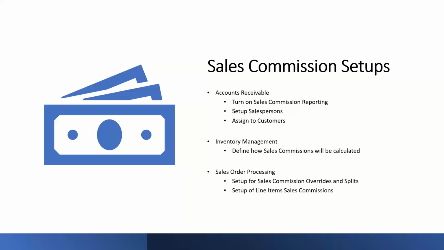And as well, if you're not using the inventory and sales order module, you're also going to want to set up how you're going to handle commissions on your miscellaneous charges or miscellaneous items that you transact on through the accounts receivable module. Otherwise, with inventory and sales order integrated, then there's some additional setups, obviously, that we're going to want to set: how we pay commissions on our items, how they're calculated, and then as well, how do we want to handle splits and overrides and things of that nature under the sales order processing module.